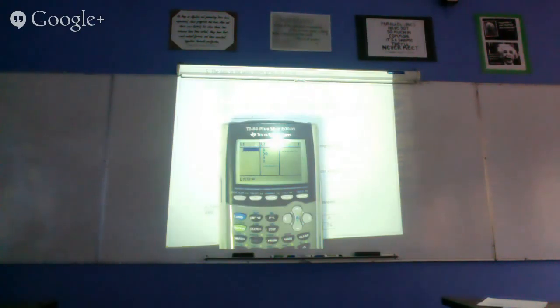So our X's are 9, 11, 13, 15, 17, and 19, and then jumps up to 25.